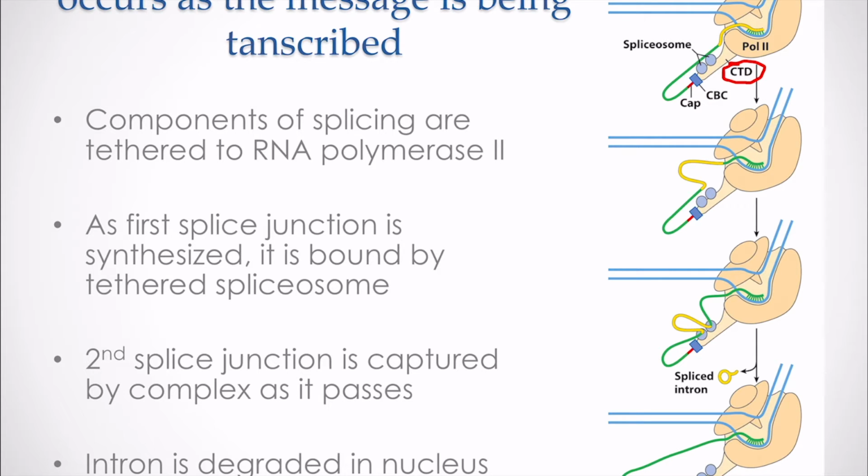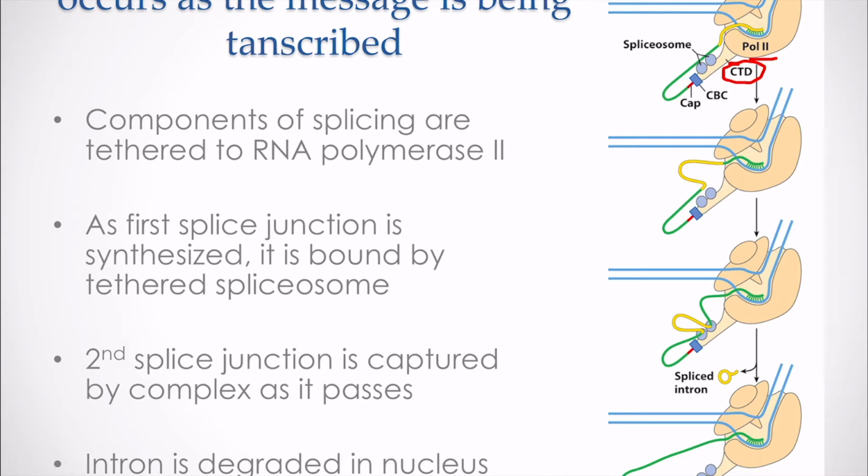Okay, so now the type 3 introns are going to be spliced as they're being transcribed by polymerase II. So the components of the spliceosome are going to be attached to the polymerase. And it's all going to occur again at that C-terminal domain. And so the splicing units will be tethered to polymerase II.